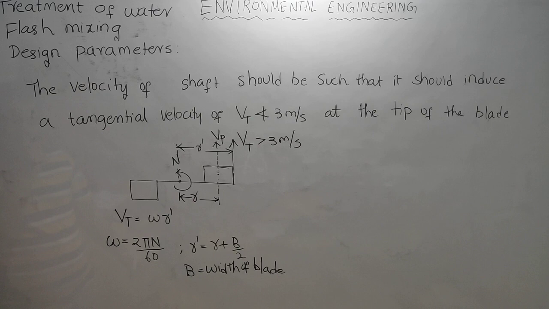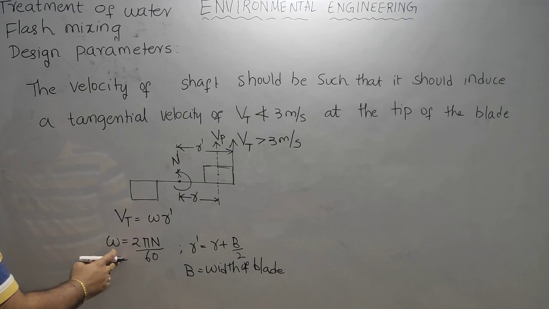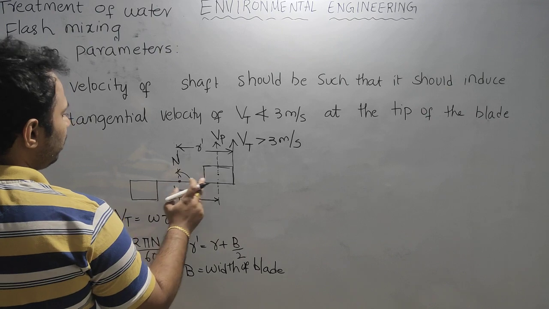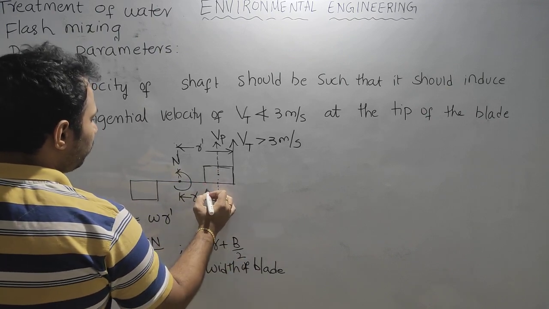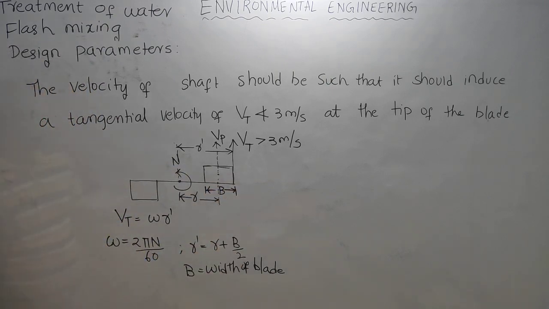So by this we can find Vt, the tangential velocity, which is omega R dash. N is the rotations per minute of the shaft, and r is the distance from the shaft center to the blade center. B is the width of the blade. So from this we can find Vt, and compare whether sufficient Vt is being generated or not.